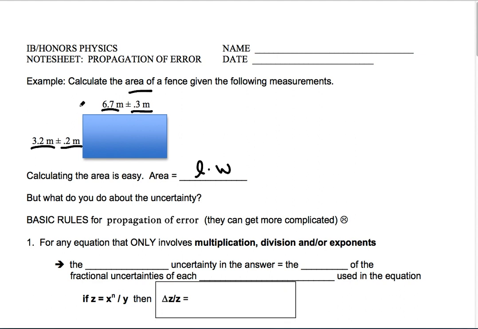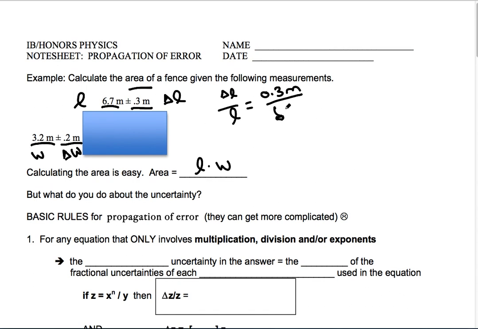If the 6.7 is my length, then my 0.3 is my uncertainty in my length. So the expression that I'd use is the delta L. And if the 3.2 is my width, then the 0.2 is going to be my uncertainty in my width, also known as my absolute uncertainty. And if I wanted to find my fractional uncertainty, my delta L over L, I would take the 0.3 meters and divide it by the 6.7.